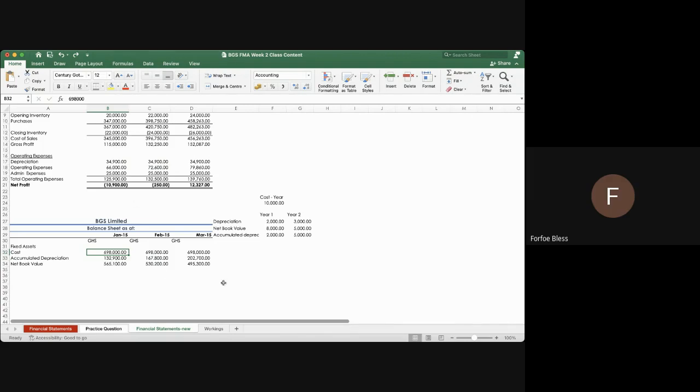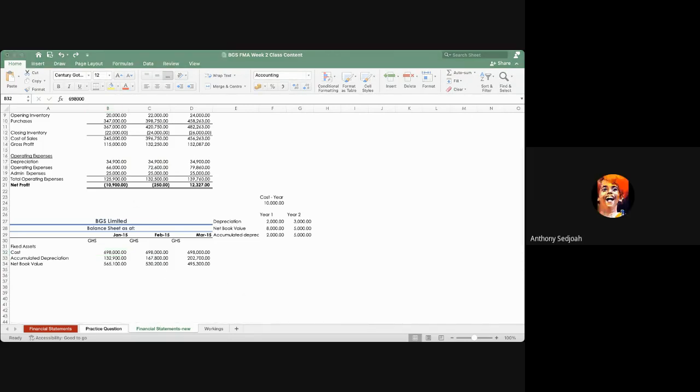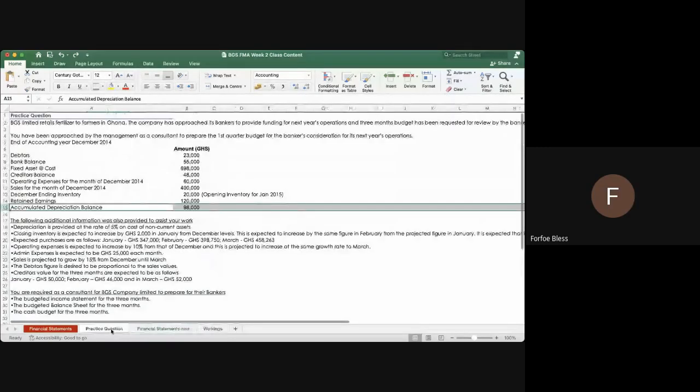Yes, please, ask your question. When we calculated the additional information on depreciation, the 5%, we were taught there are different approaches to calculating depreciation, like the reducing balance method and other methods. But this one seems to be straight line.